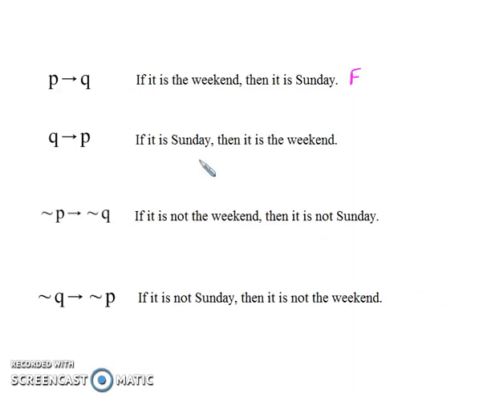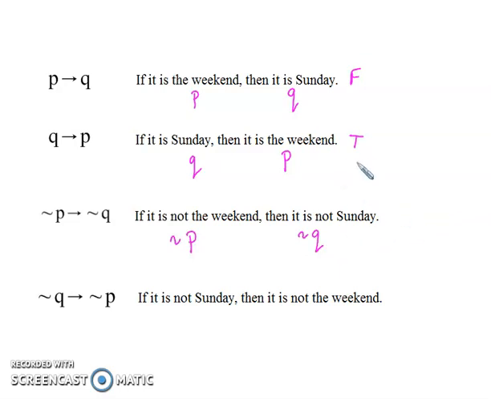All right. So the converse of this conditional is that if it is Sunday, then it is the weekend. This statement is true. And the inverse of the original statement, so we go back to the original statement every time, the P and the Q, and then the converse was Q implies P, this will be not P and then not Q in order to write the inverse.